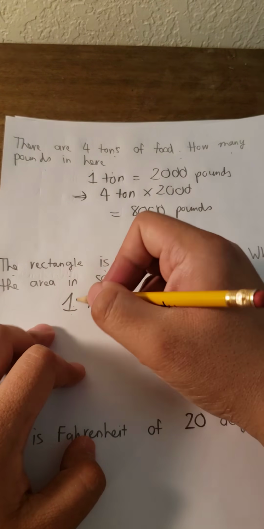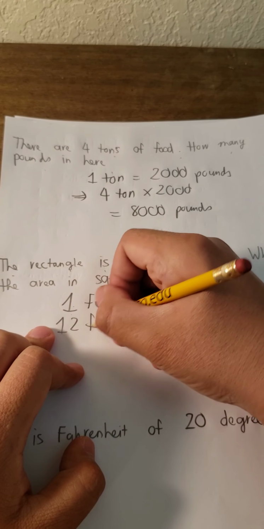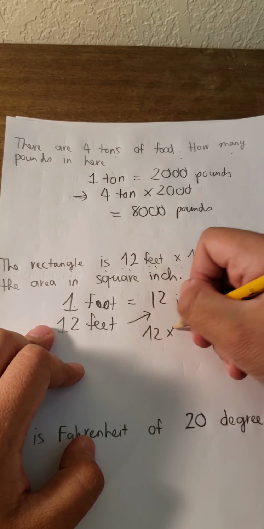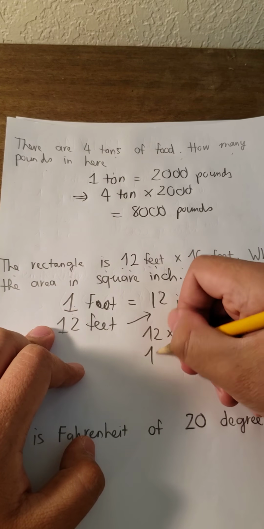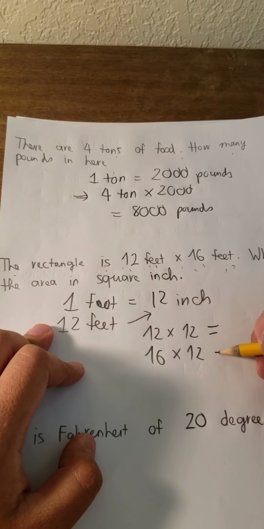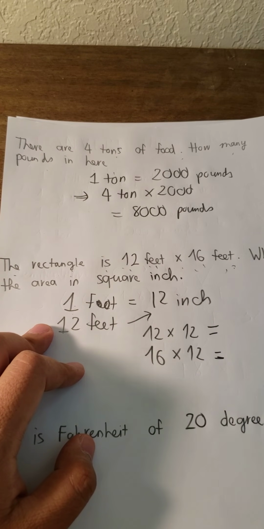So that we have 12 feet, we just multiply with 12, and 16 multiplied with 12.